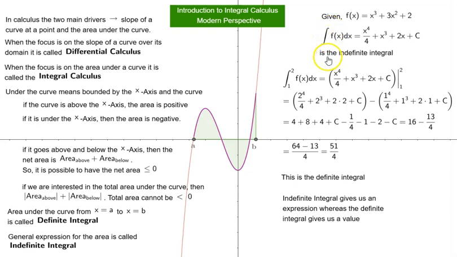So since this integral is a function, we can also graph that. So this green one is the integral function. What does this graph indicate? It shows us the rate of change of area under the curve as we go from left to right. Now, as we go here, this is all area under the curve. This goes to infinity.